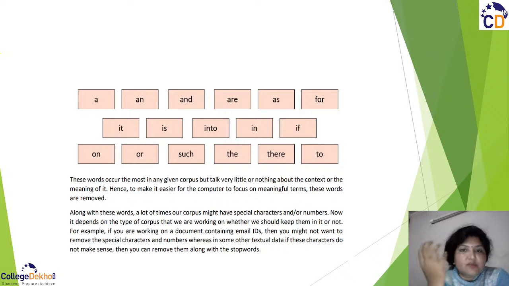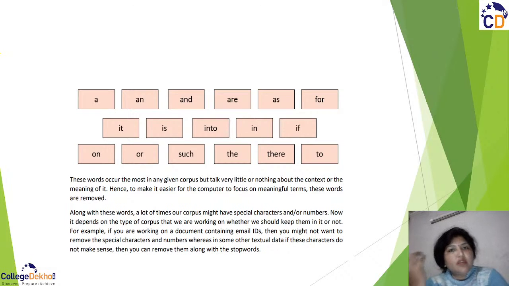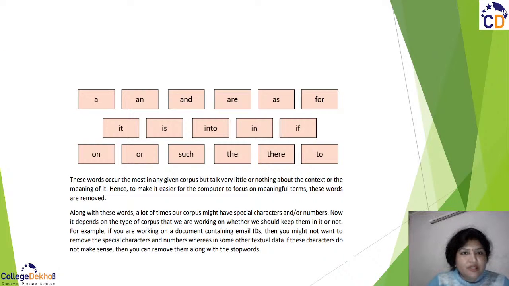So there are some restrictions, some exceptions for special characters and numbers, whereas in some other textual data, if these characters do not make sense, then you can remove them along with the stop words.